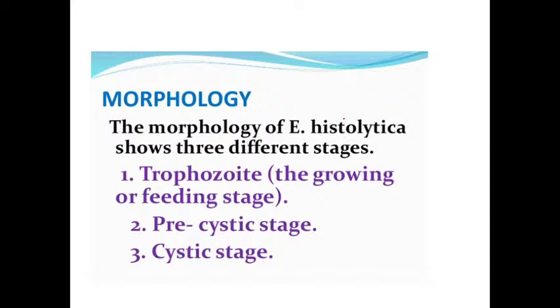The first is the trophozoite stage, the growing or feeding stage. And next is the pre-cystic stage, and the third is the cystic stage.